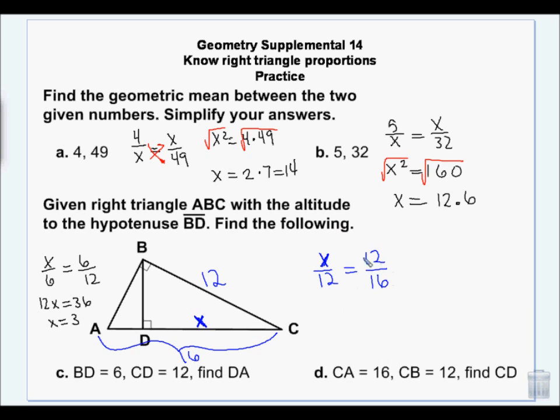Okay. And I can reduce this if I want to make smaller multiplication, being a good boy. 6 over 8, which would be 3/4. So I have 4x is equal to 36. So x is 9.